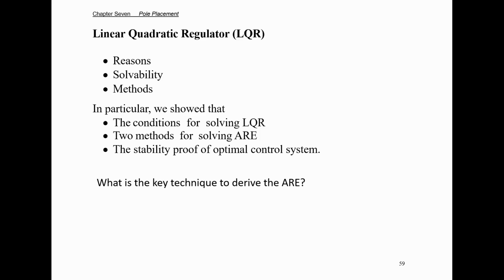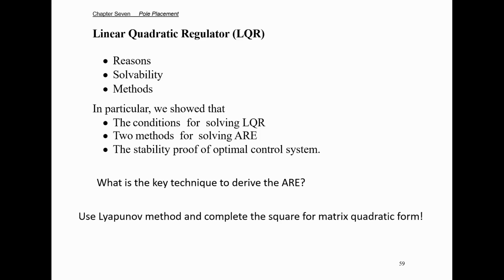Today's lecture, what was the key technique you have learned? Completing the square, right? Completing the square for this matrix. So use the Lyapunov method and complete the square for the matrix quadratic form. That is something I want you to know to solve the LQR problem.